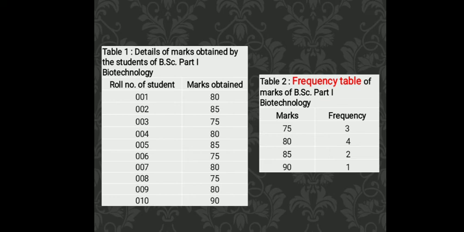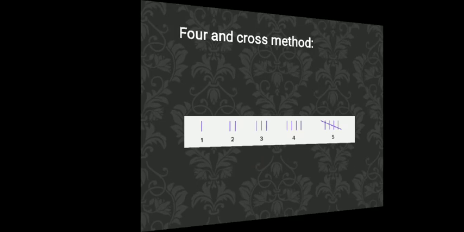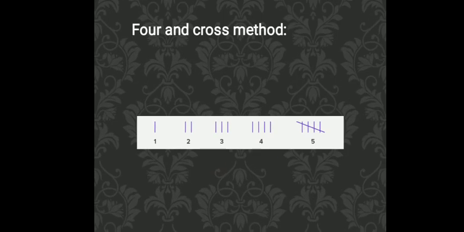Let's see how one can create this frequency table. The frequency table can be simply created by counting the number of students with a particular mark as per this example and tallying their marks using the four and cross method, and finally putting that value into the frequency column of table 2 against their respective marks.